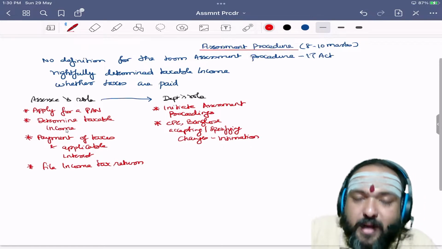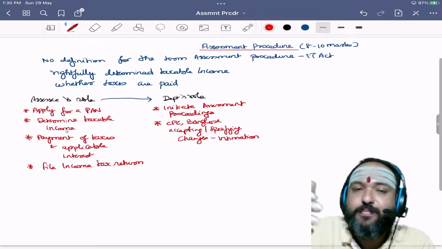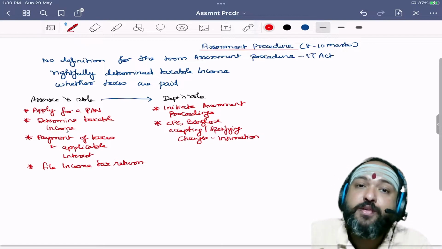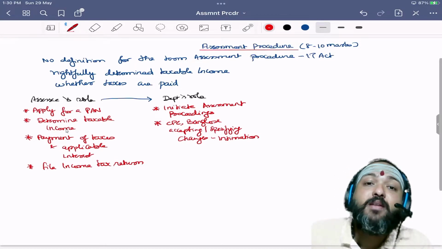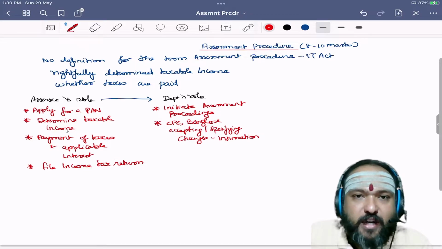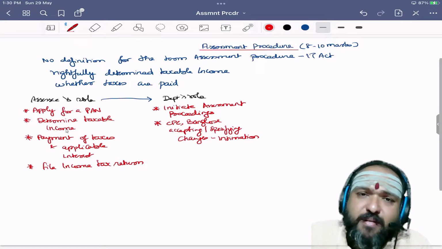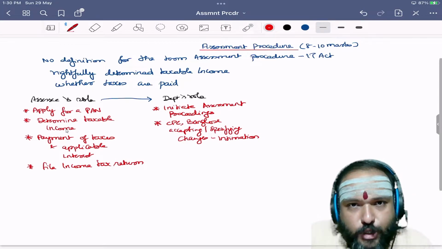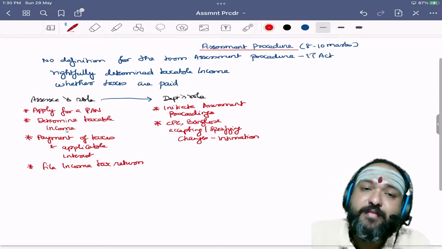So what can the department do? They can initiate assessment proceedings, or if there are certain apparent issues which can be found without human intervention, that will be thrown out by means of an intimation. For example, you have done mistakes that are apparent from the return that you have filed, then you get a negative intimation.